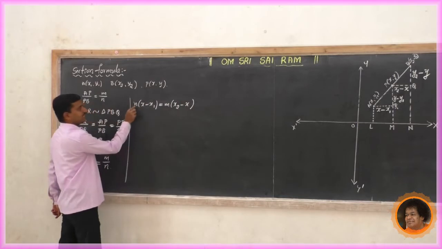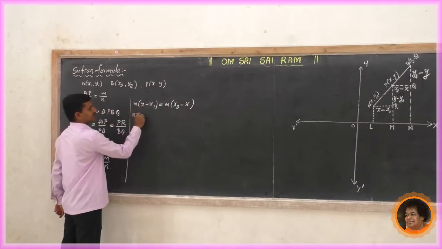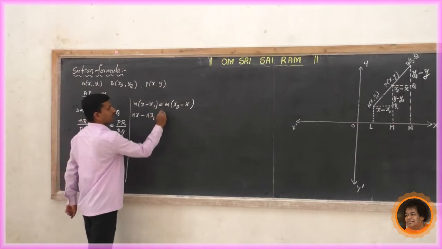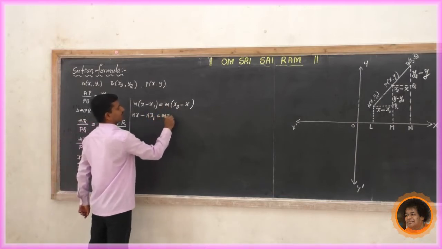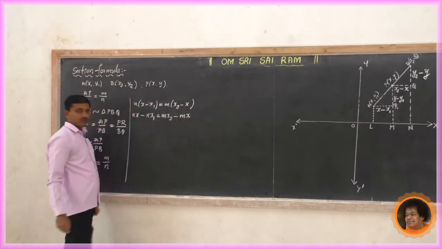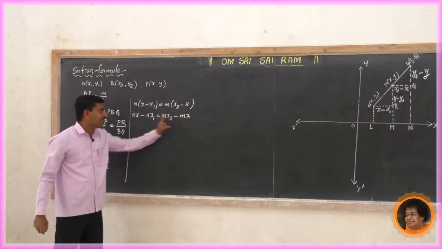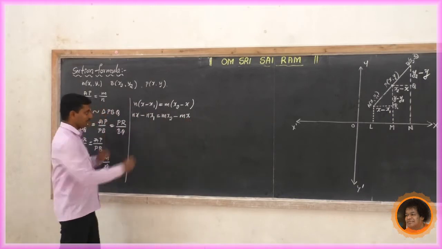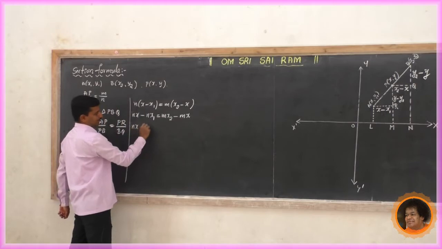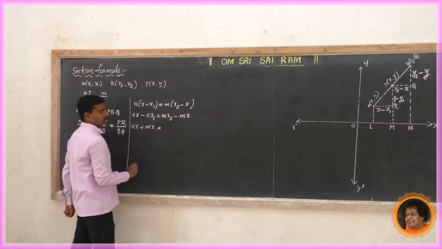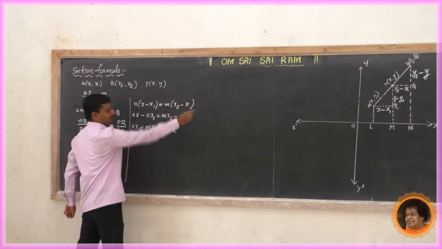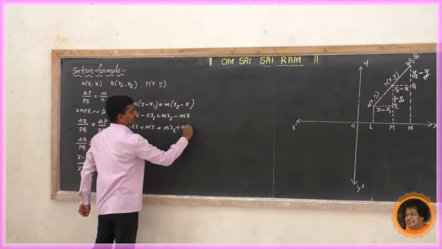Now multiply n into x, that is nx, minus n into x1, nx1, equal to m into x2, mx2, minus mx. Here the x terms nx and mx, transpose to the same side. So nx minus mx becomes plus mx equal to mx2 minus nx1, transpose to right hand side, plus nx1.